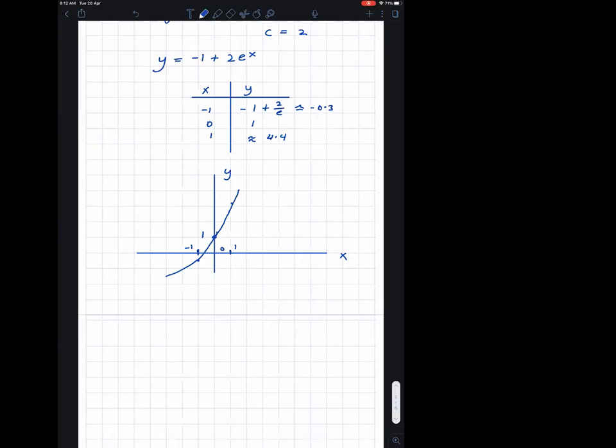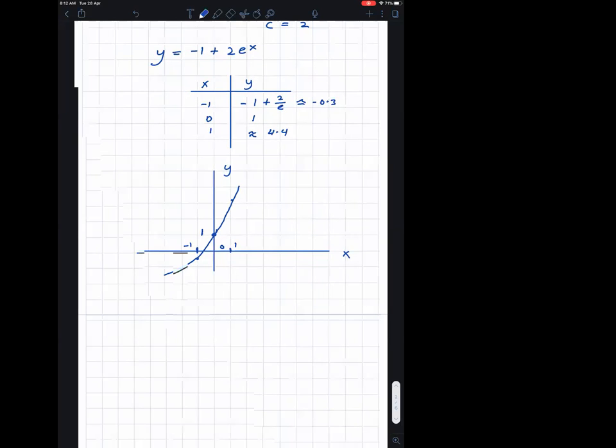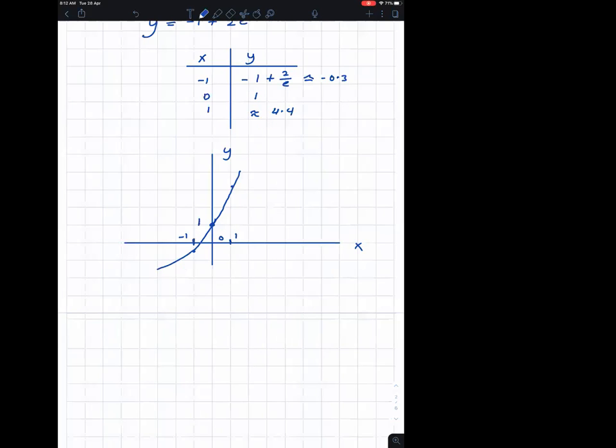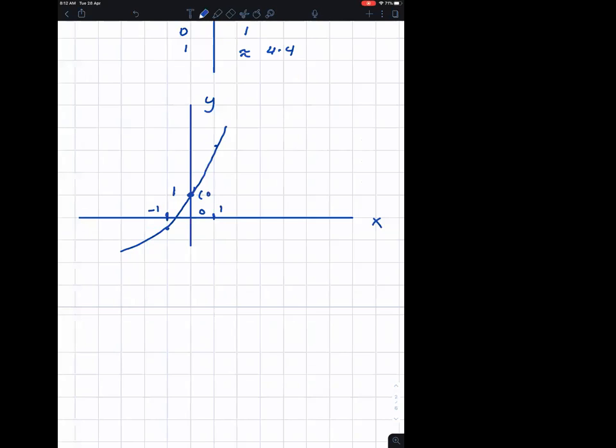But now we are asking you to find a solution. This is x0, y0, which is 0, 1. You are given this point, and then you are told to find what is the value of y at 0.1, what is y at 0.2.